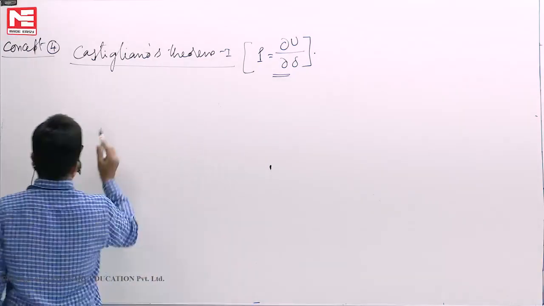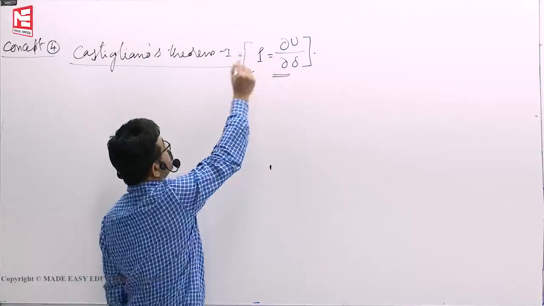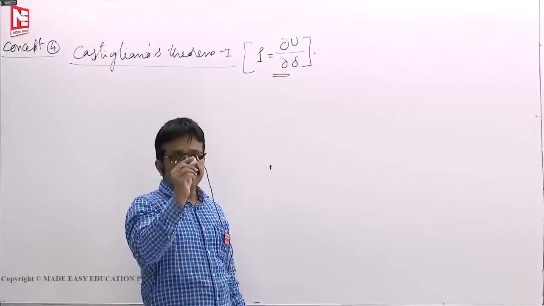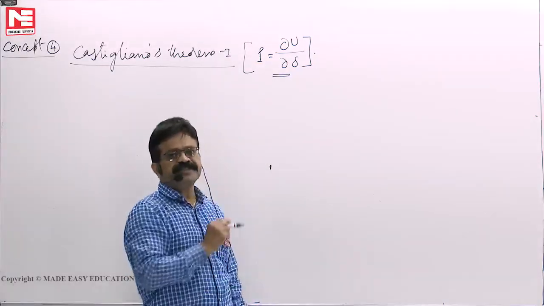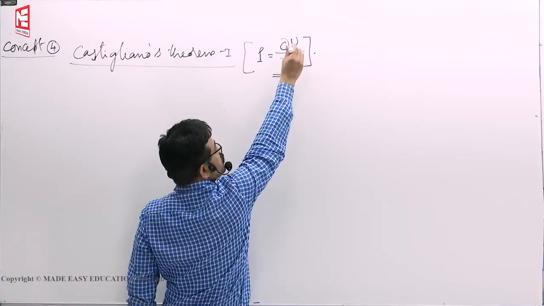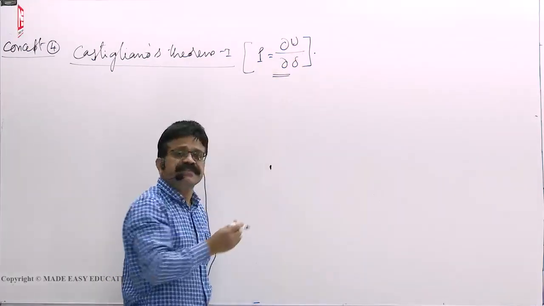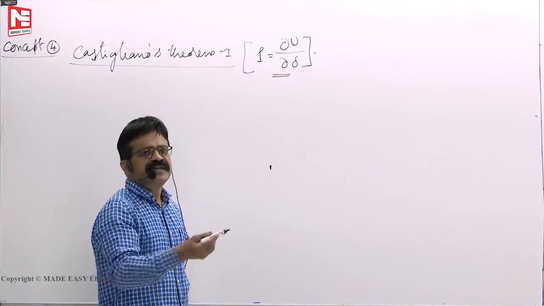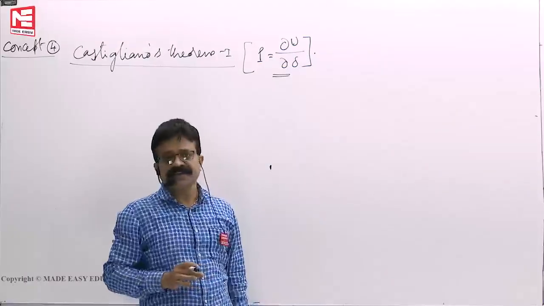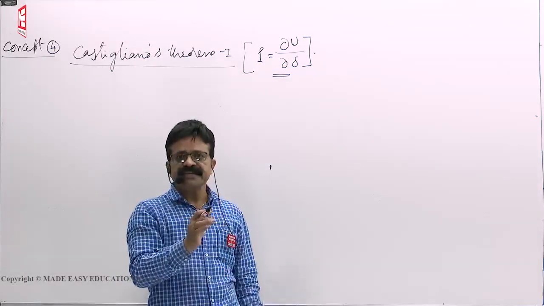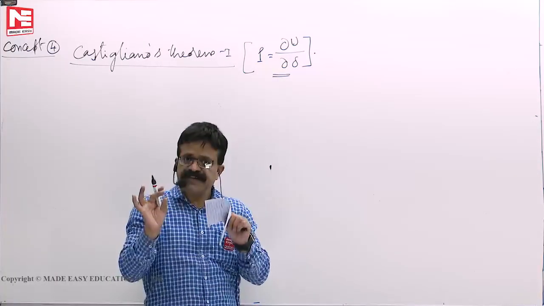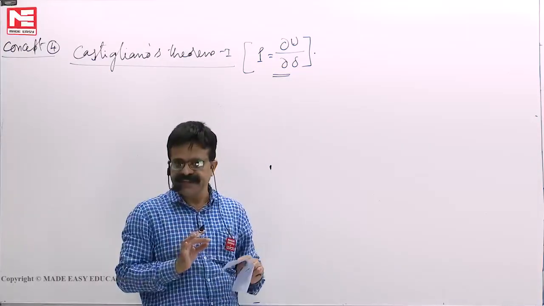So, if you want to apply this Castigliano's theorem 1, U, that means strain energy, must be expressed in terms of displacements only. If U is in terms of displacements, then I can differentiate it with respect to any displacement. Supposing that in a big structure 10 displacements are happening. So, in terms of 10 displacements, you will write the strain energy.